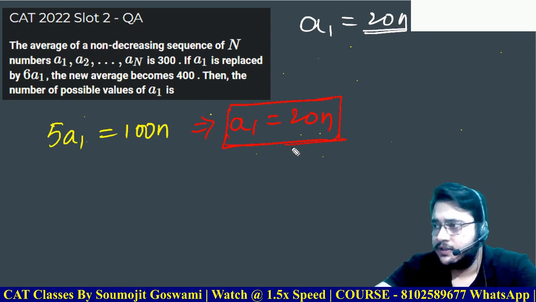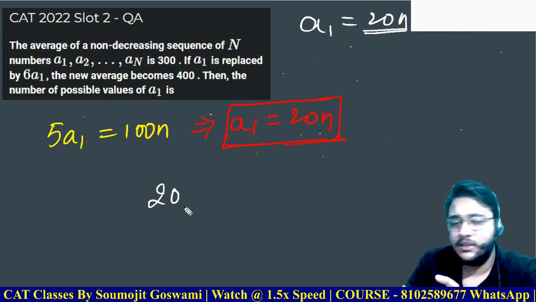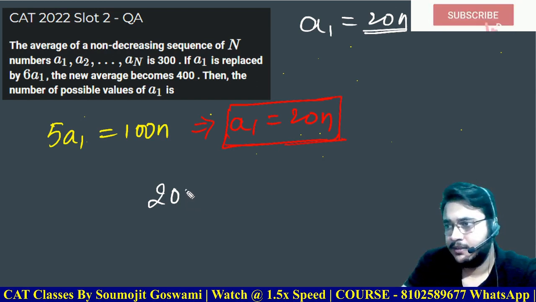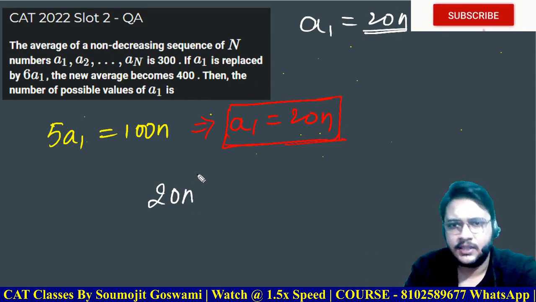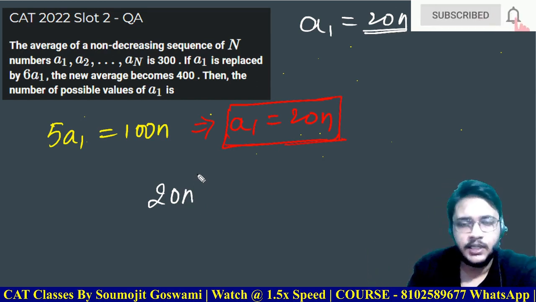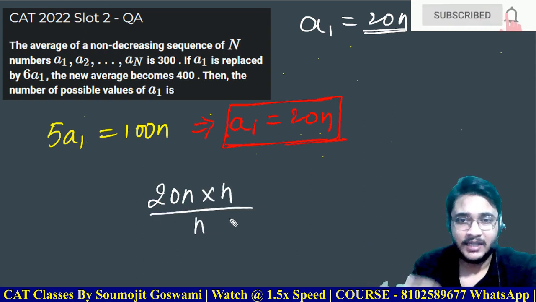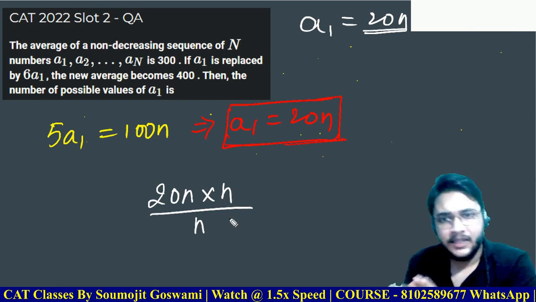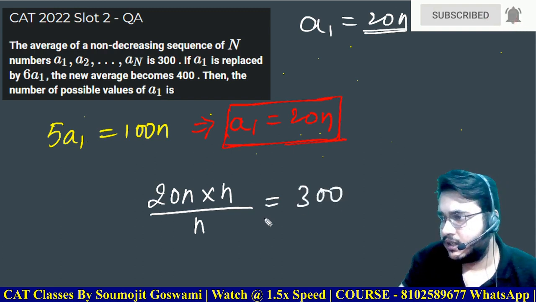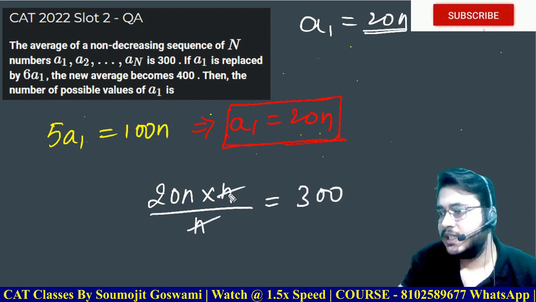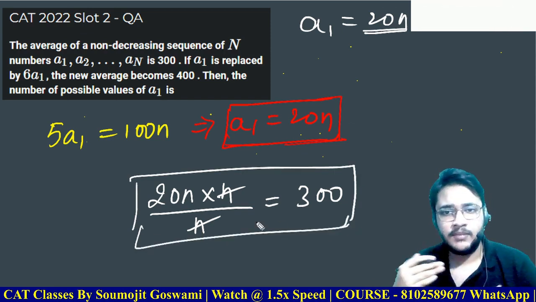Suppose the value of the first one is 20n and all other terms are only 20n itself, because I want the average to be 300. So 20n times n by n, multiplying by n terms and dividing by n terms, is equal to 300, which in turn means 20n is equal to 300.